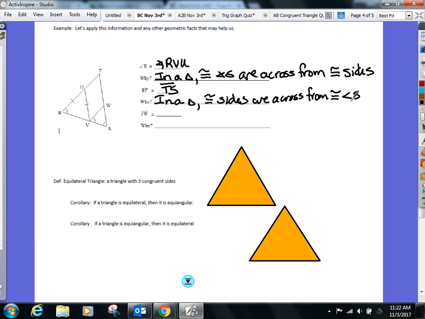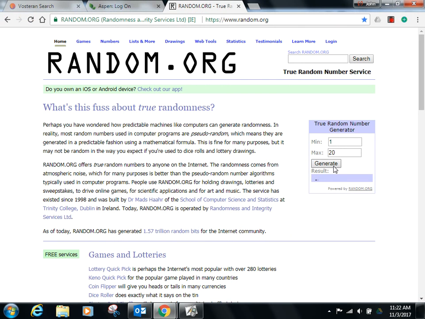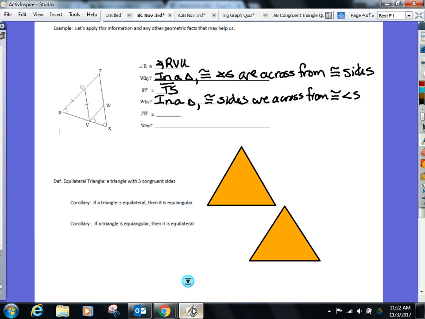And then finally, how about VW? Look at a triangle that contains VW. See if there's any congruent angles across from them. If there are, what's across from the other congruent angle? VW and what do we have? WS.